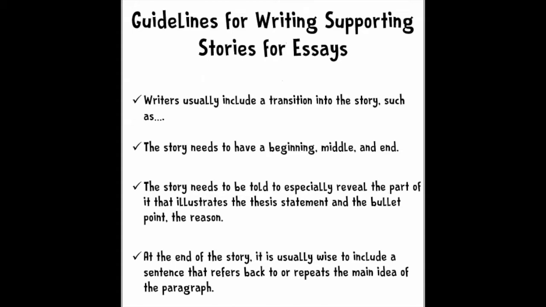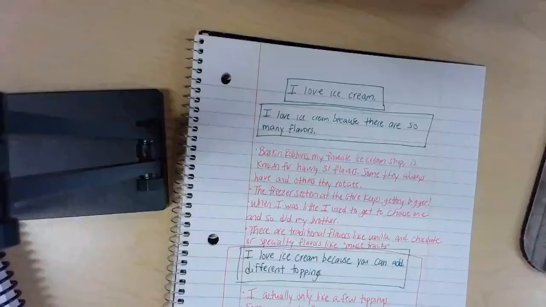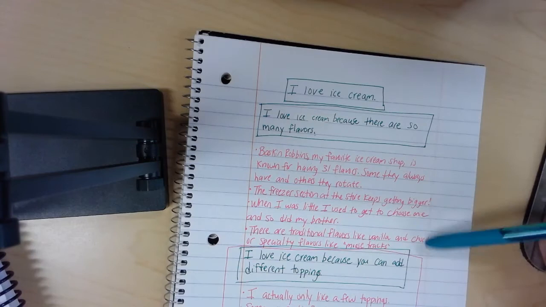So the next thing you're going to see is me going through these steps with our I love ice cream thesis statement. And after you see me practice that, you are going to go practice that as well. So today we're going to be looking at the work that we did yesterday, coming up with our little stories underneath our boxes.